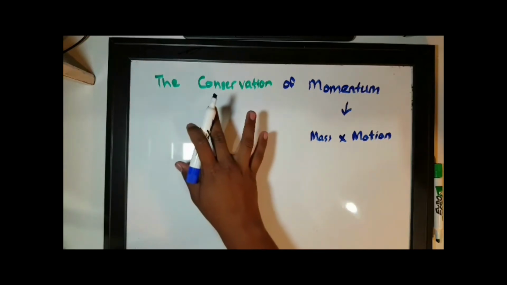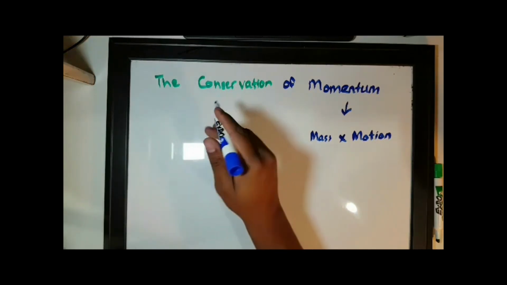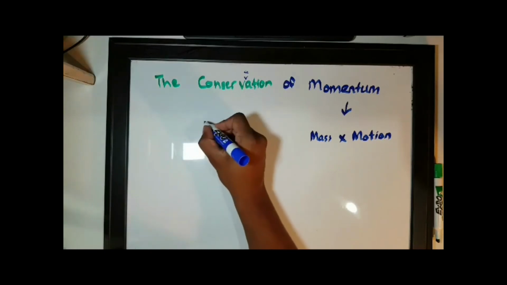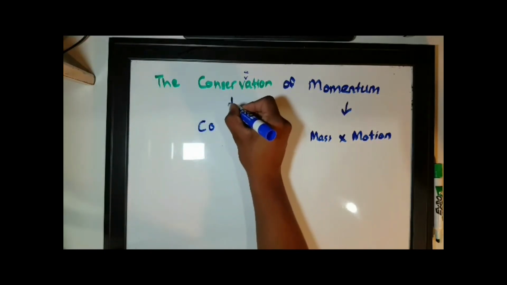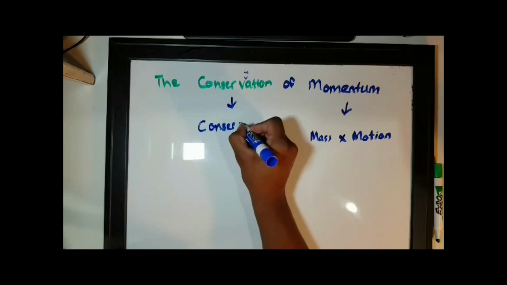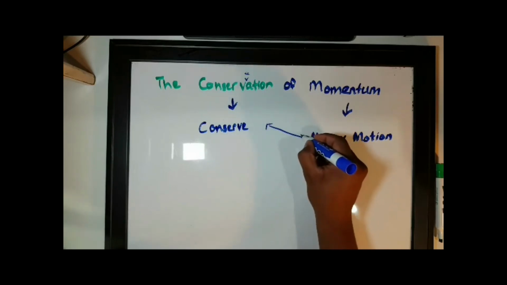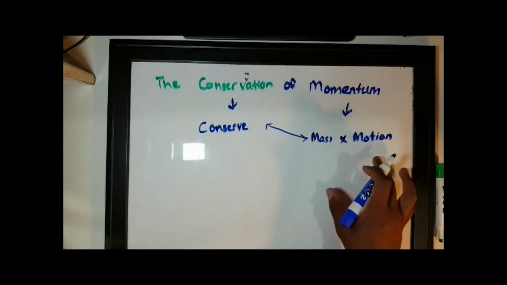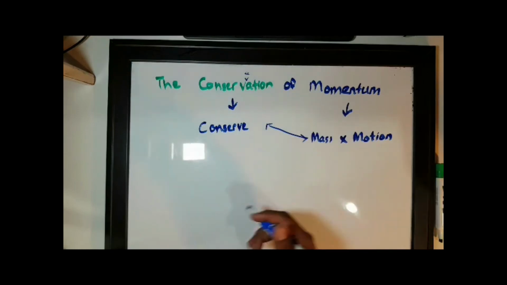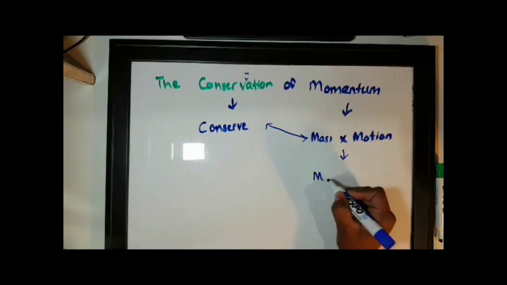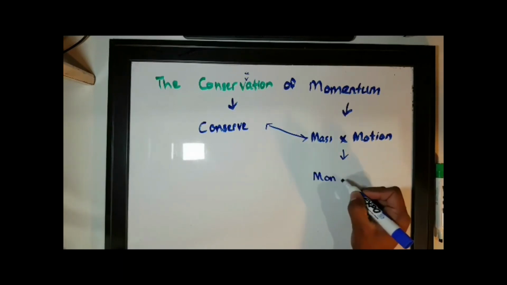Now let's look at conservation. Conservation has the root word conserve if we just add a little e. So if we write here conserve, and put these two together, we get conserve mass times motion. Then if we break this down even more, mass in motion, we get from mass times motion.